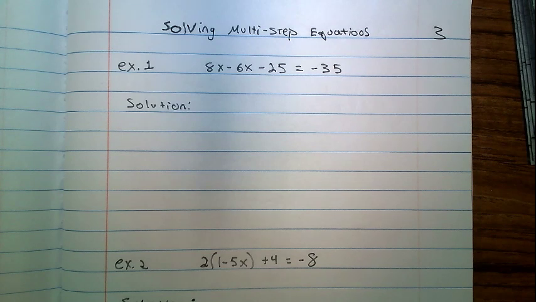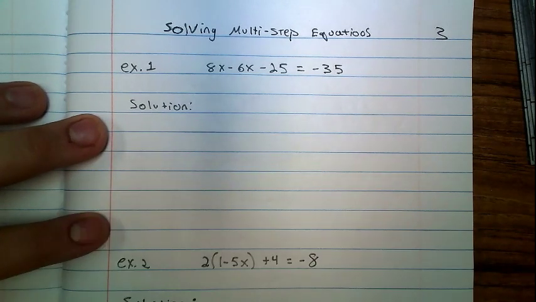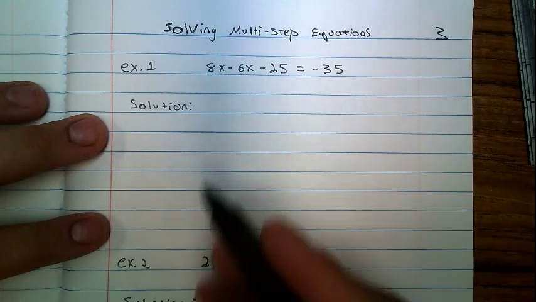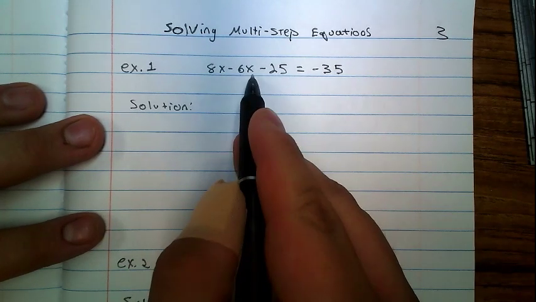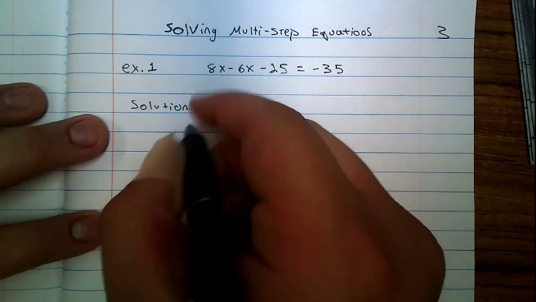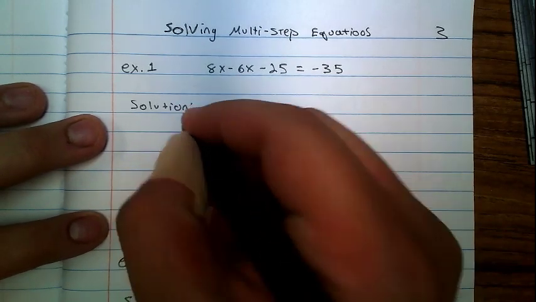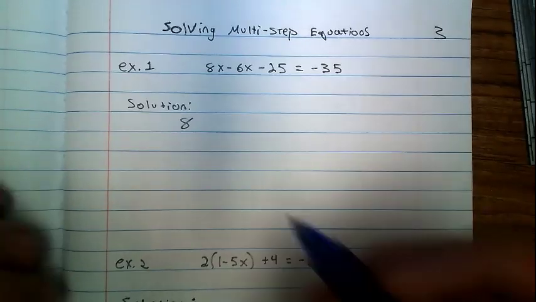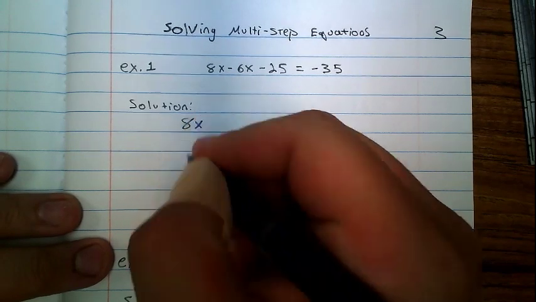number. In our first example, we have 8x minus 6x minus 25 equals negative 35. For this one, we're going to start with rewriting our problem, but I'm going to write the x as the variable in blue so that it's easier to identify. So 8x, and I want you to use color as well.